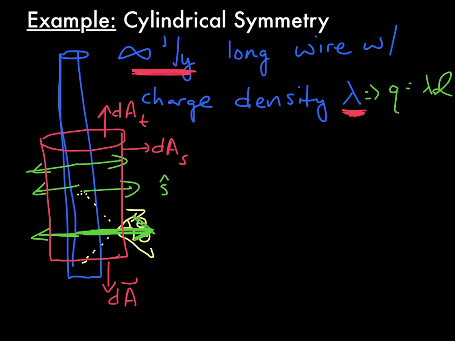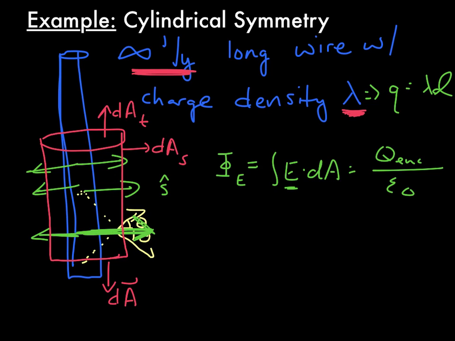Okay. So let's take a look at this. Start with Gauss's law. Flux equals integral E dot dA. In this case, E is constant, and this is Q enclosed over epsilon naught. So let's plug this expression in here.